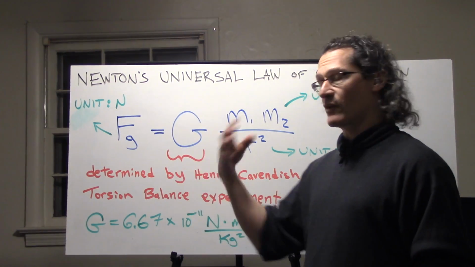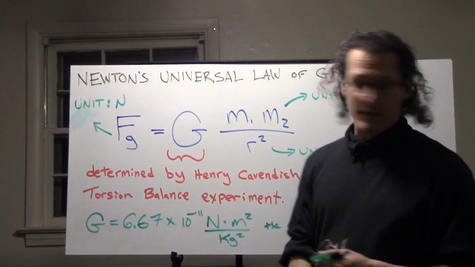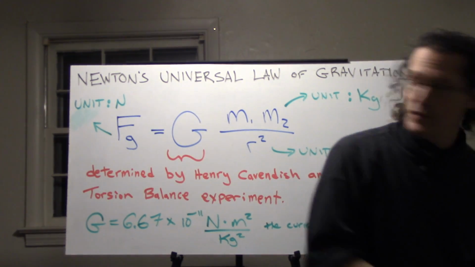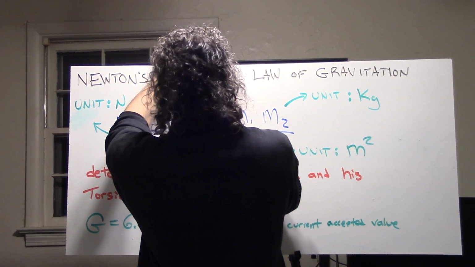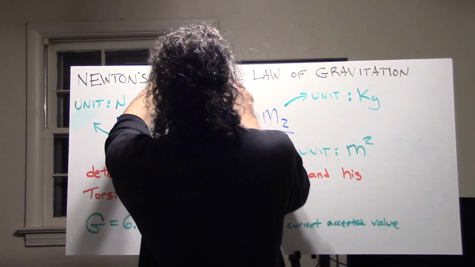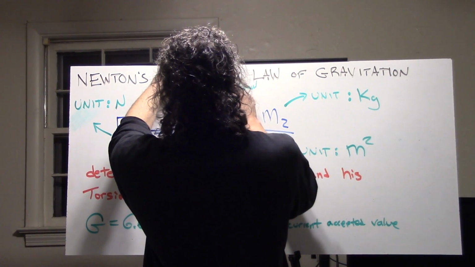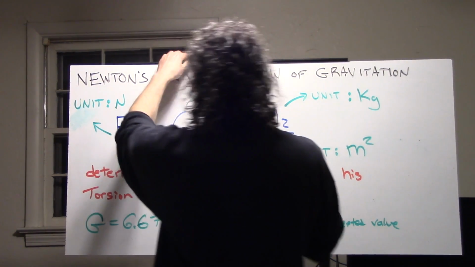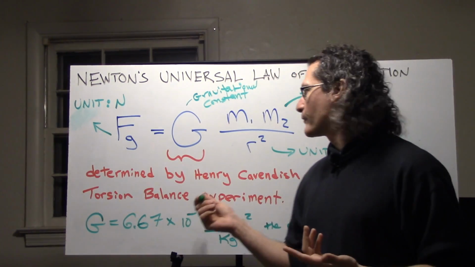So big G is a totally different number and is the universal gravitational constant. So that's what it represents here. So this is the gravitational constant. And it's a weird number, but is the one that was developed by this experiment and other ones that followed.